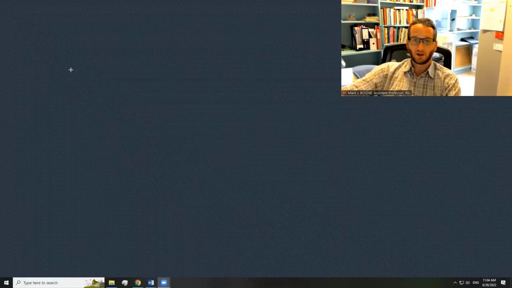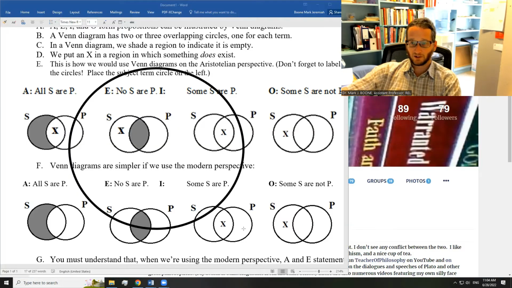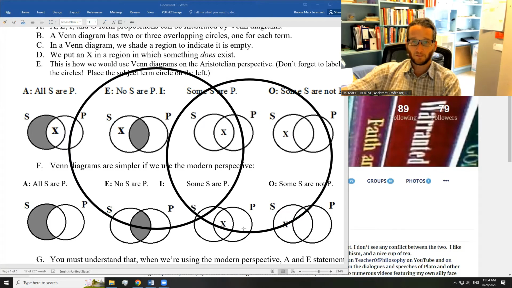So here's a nice circle, here's another circle, and let's label our circles S and P. S for subject term, P for predicate term.